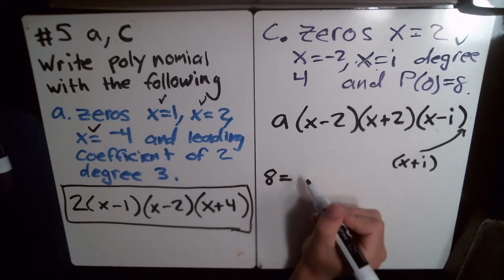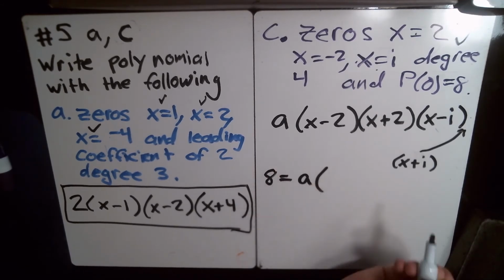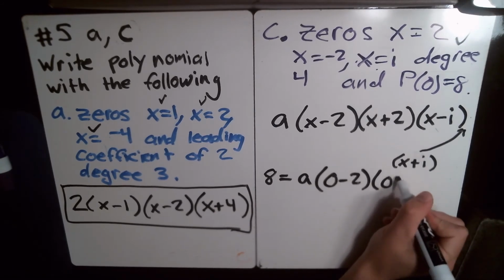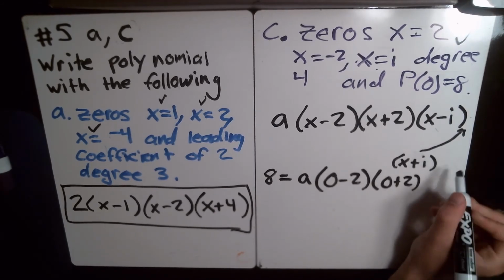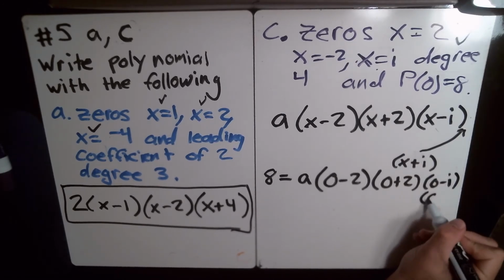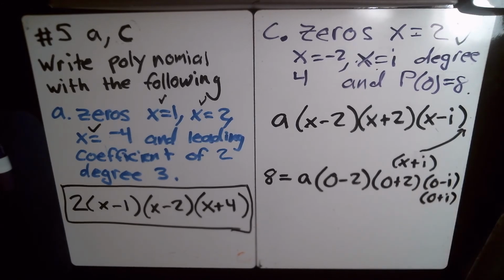So 8 equals A times 0 minus 2, 0 plus 2, 0 minus i, 0 plus i. Okay.